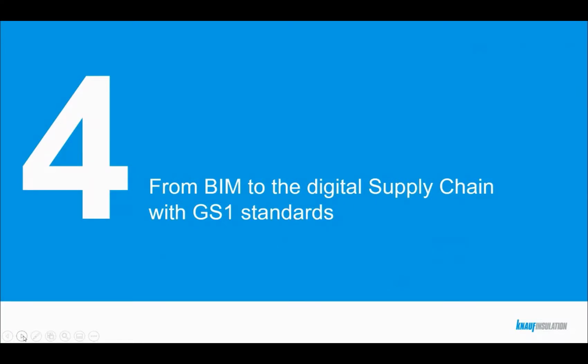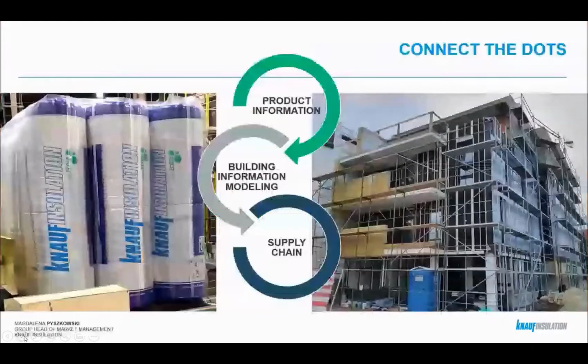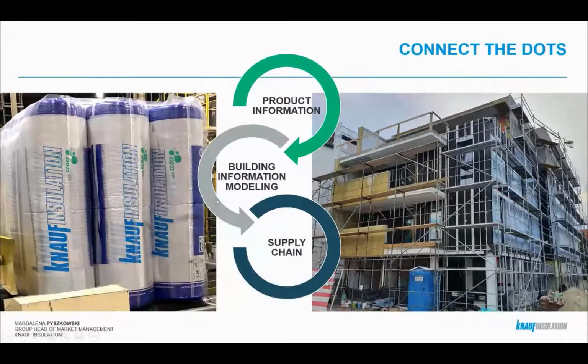So this is about the solutions that we have already, and that we already switched from the typical geometry approach to the approach of geometry plus data. But what next? What we see is that, being the owner of the product information, we can include it easily in the building information, and we can combine it with the supply chain.